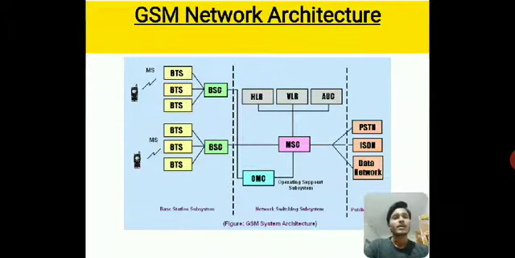GSM network architecture. This figure shows the GSM network architecture. In this figure: base station subsystem, network switching subsystem, public network, operating support subsystem. The GSM network architecture is mainly divided into three parts: BSS, OSS and NSS.